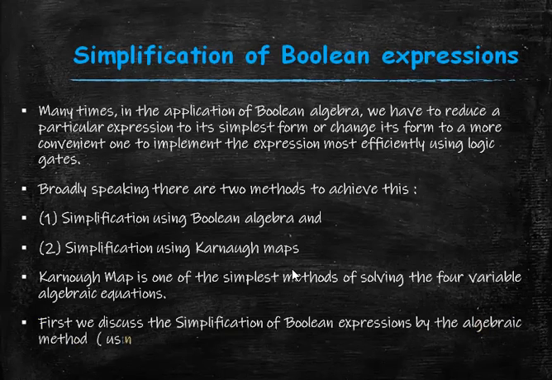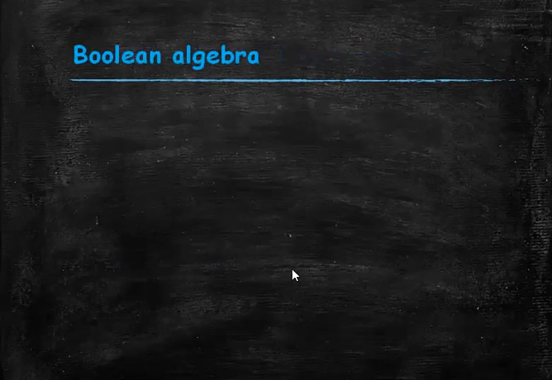First, we discuss the simplification of Boolean expression using the algebraic method. By Boolean algebra, we mean the Boolean laws and theorems we discussed in the previous class.